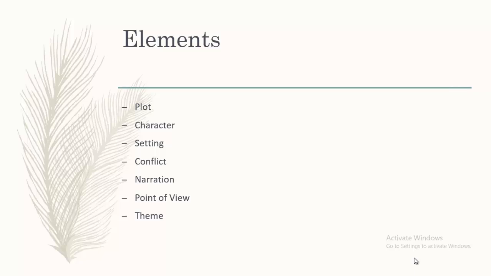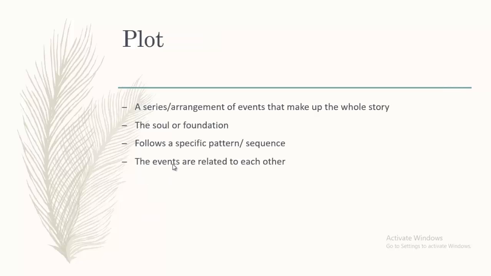Today we shall talk about plot only, though conflict is also a part of the plot structure, but as it is one of the major elements, we would discuss it separately. So today we shall discuss the plot and its structure.